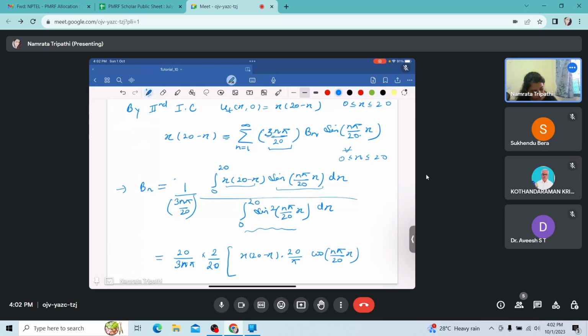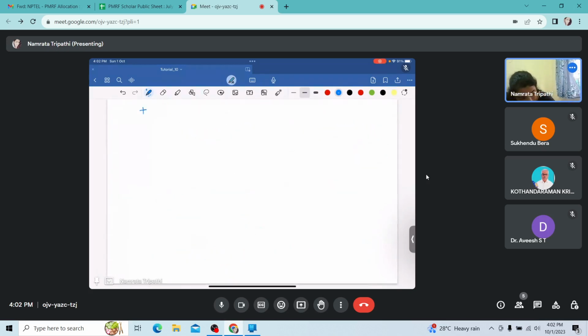This will be minus from 0 to 20, and the second term will give, you can check the integration, I have done it, so I am writing cos of n pi upon 20 into x from 0 to 20.